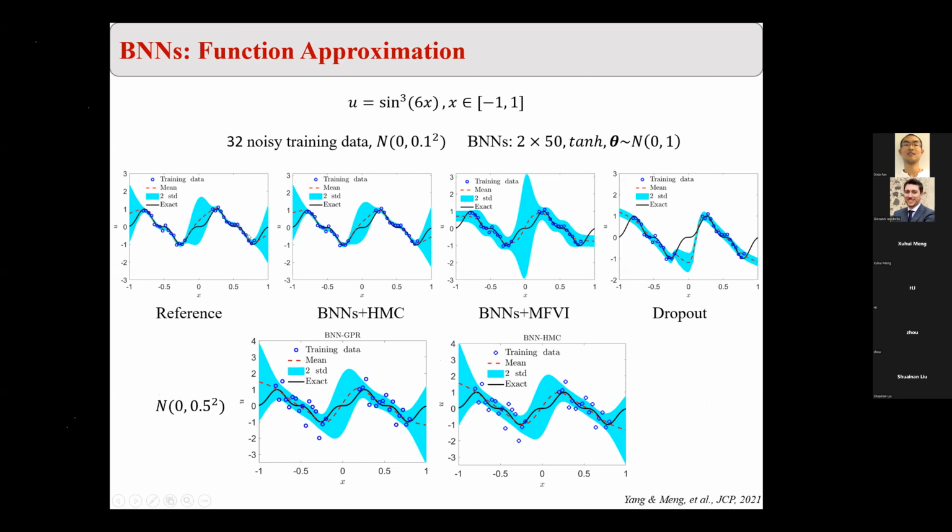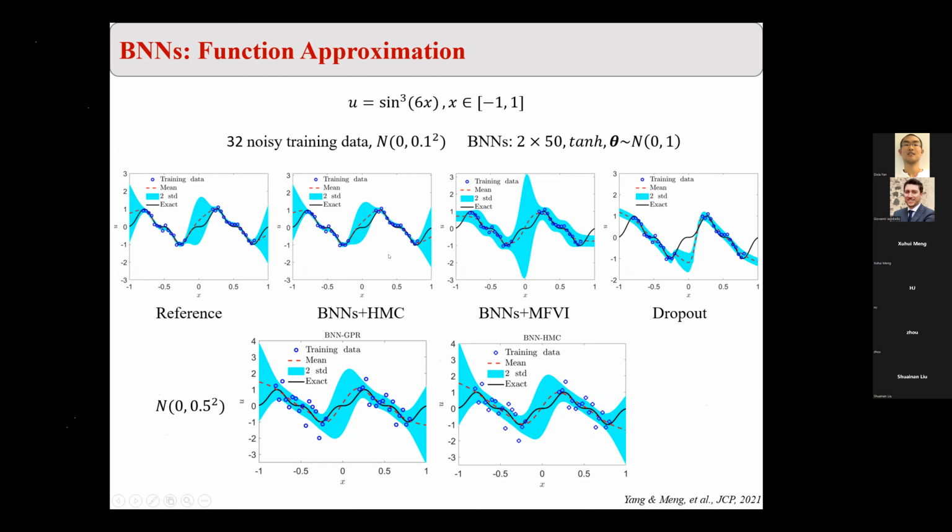The bullet points here are the noisy training data, and the first one is the reference solution. The red dashed line is the predicted mean, and the filled zones are the predicted uncertainty. And this is the reference solution.